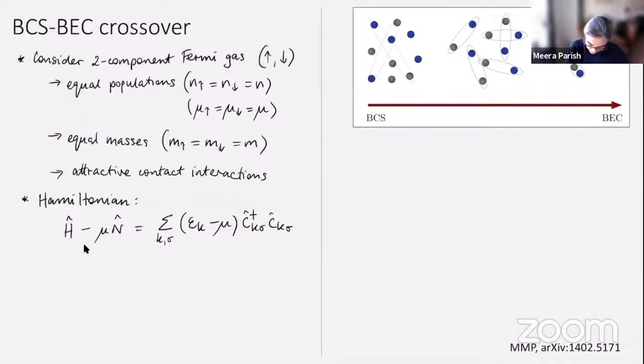And I have an interaction part. So I have my G here, and this is how I would write my contact interaction part in this form. I'll explain this in a moment. I have my scattering term, basically a two-body term.